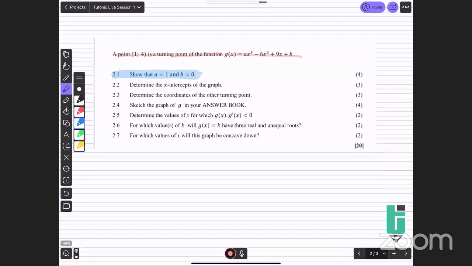Yes, and what are the 2 pieces of information in this question? The one is the turning point, and the other they give you the equation. Okay, but that's not really helpful. The equation isn't really the piece of information. So the turning point is the one piece of information, but what's the other piece of information?